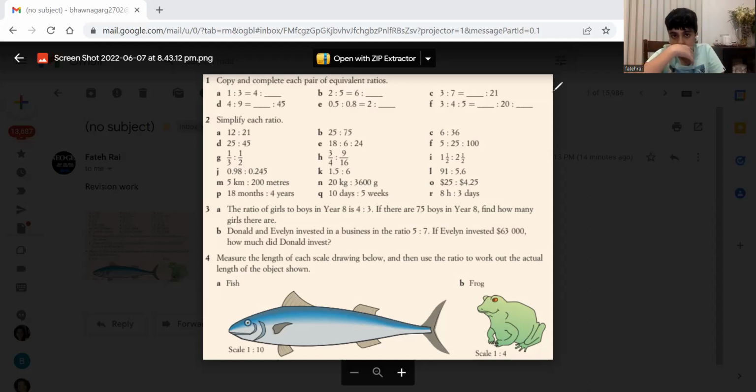Yes, it can be further reduced. Oh, no, 1/3. Yeah, 1/3.